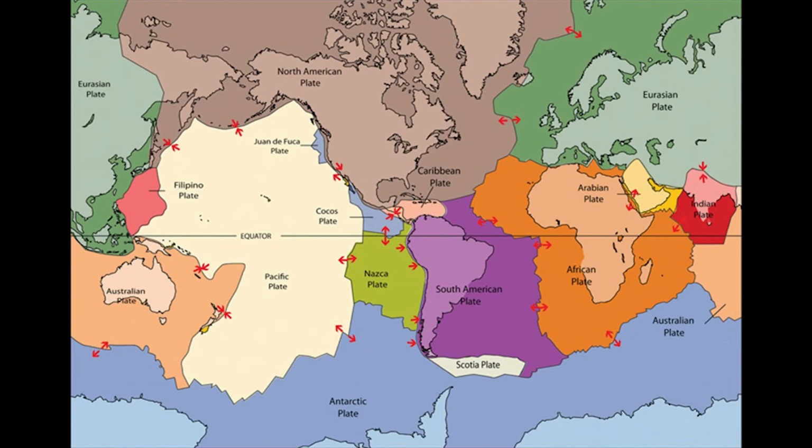So if you've ever seen images of Pangaea, where everything had come together 200 million years ago, it's that division between North America and South America and the rest of the world that's slowly opening up that has broken Pangaea up.